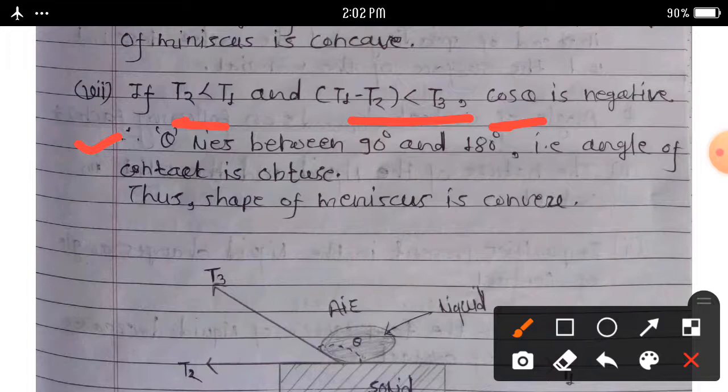Therefore, theta lies between 90 degrees and 180 degrees, that is, the angle of contact is obtuse. Thus, the shape of meniscus is convex. This is seen in the following figure.